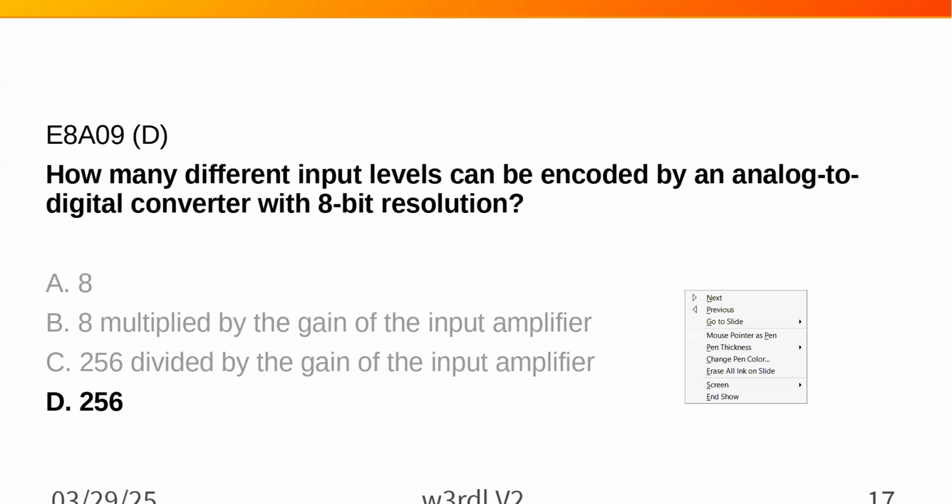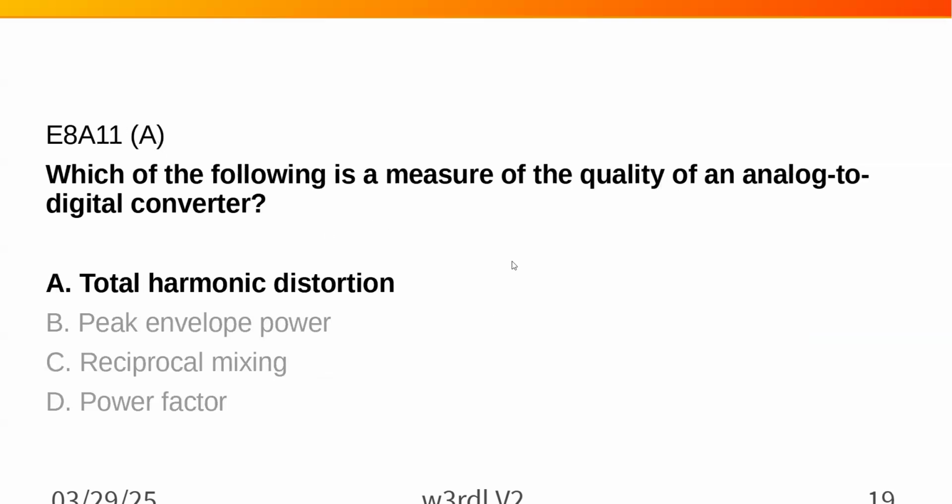Yeah, some answers are just totally made up. Okay. Again, I saw 256. 8 multiplied by the gain, if the gain was 10, it's 80. What's that got to do with this? Yeah. I got you. Okay. But so your choices are really 8 or 256. So pick the right one. 256.